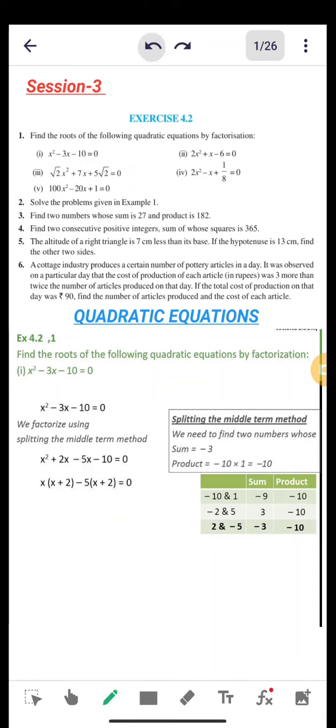Again, if you open the bracket, you can see minus 5x, and minus 5 into 2 is minus 10. Okay, so this is a very important part of this problem, finding the proper factors. Taking proper numbers. If you take the wrong numbers, you may not get the correct answer.